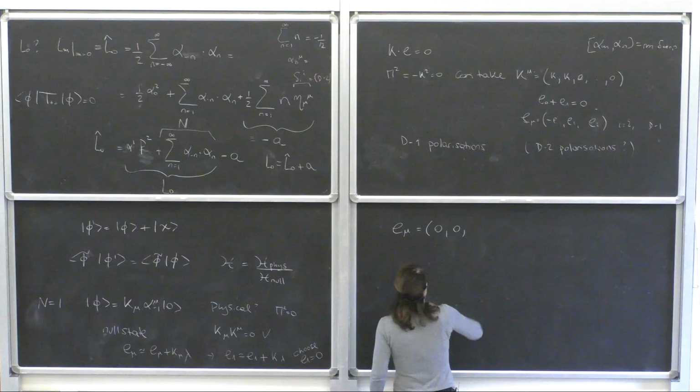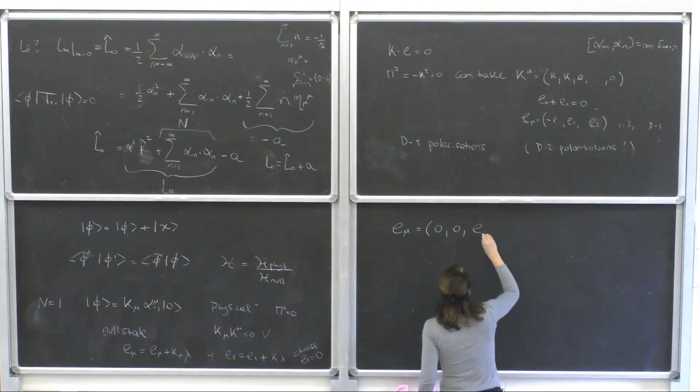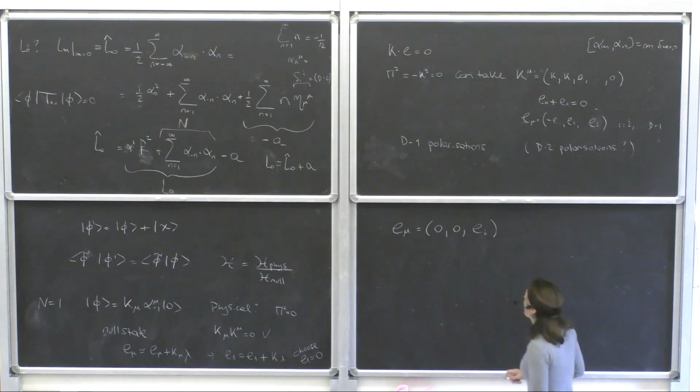So I can choose a polarization to have these D minus 2 components.